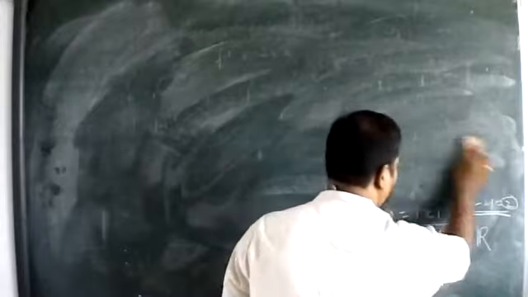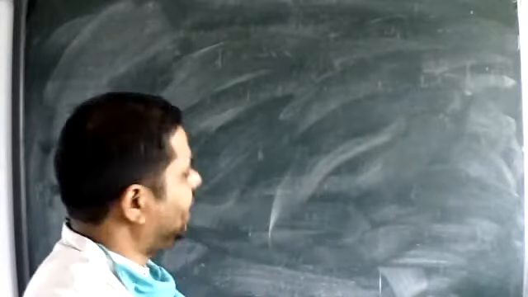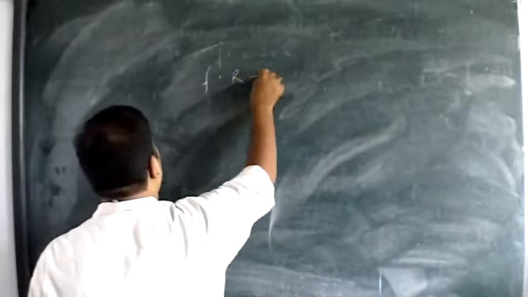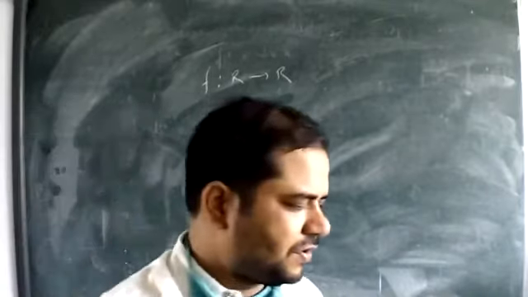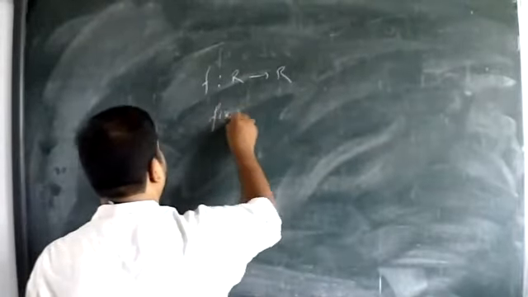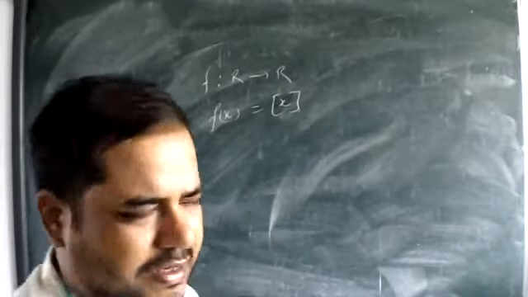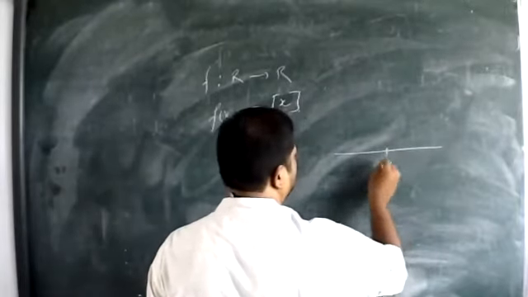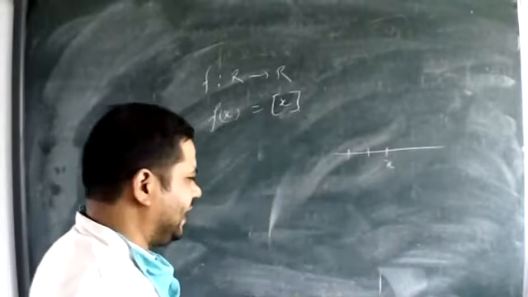This is the greatest integer function, and the function is from R to R. Then f(x) is equal to bracket x, the greatest integer less than or equal to x. That means, if x is a real number, then bracket x means the greatest integer but less than or equal to x.